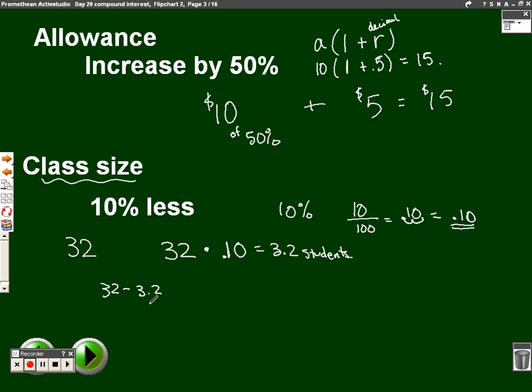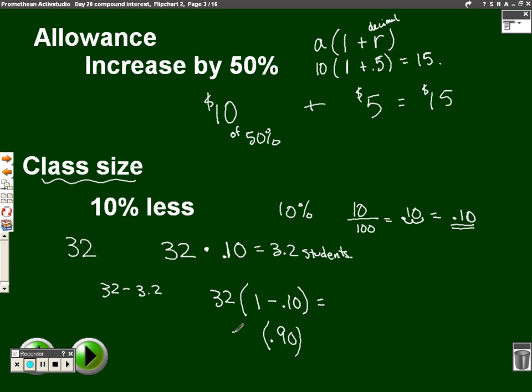So anyways, how we represent this mathematically is we started with 32, the initial amount of students, and we subtracted 10% to get our final amount. So 1 minus 0.10 would be 0.9.